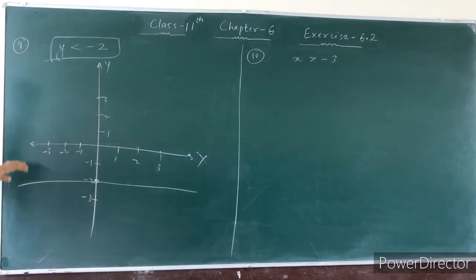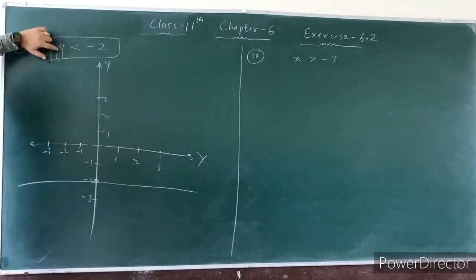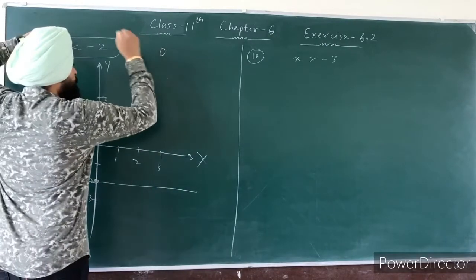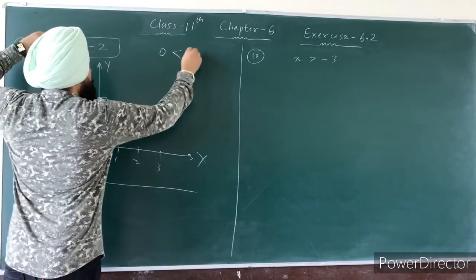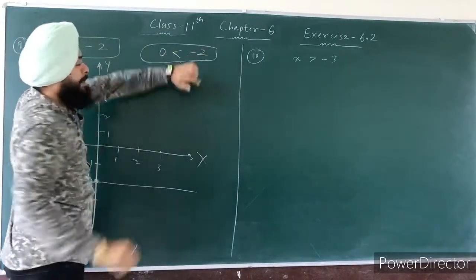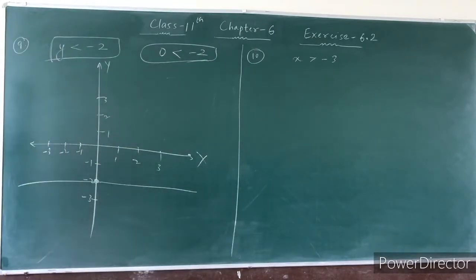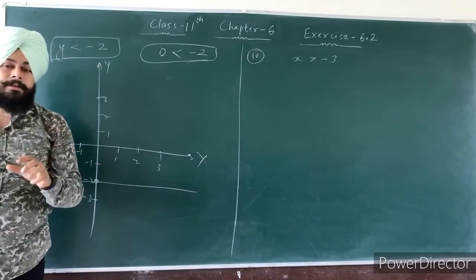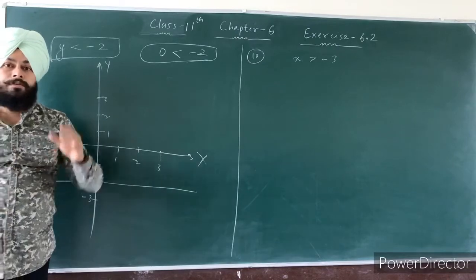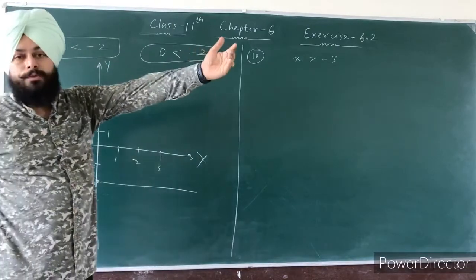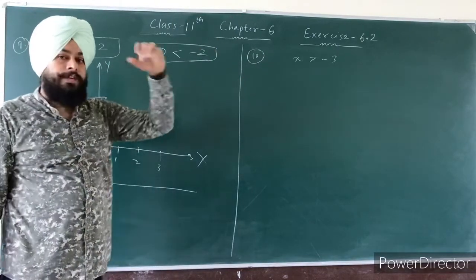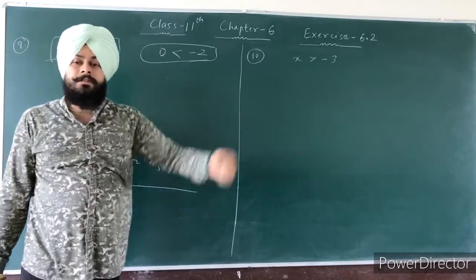Okay. Now you can put the value of y here as 0. You see, y value 0 put करो. When you put 0, then 0 is less than minus 2. Is it true or false? No, it is false, because 0 lies on the right of minus 2. Right side lie करूँगा minus 2 पे. Now the value on the right side होगी, that is greater.